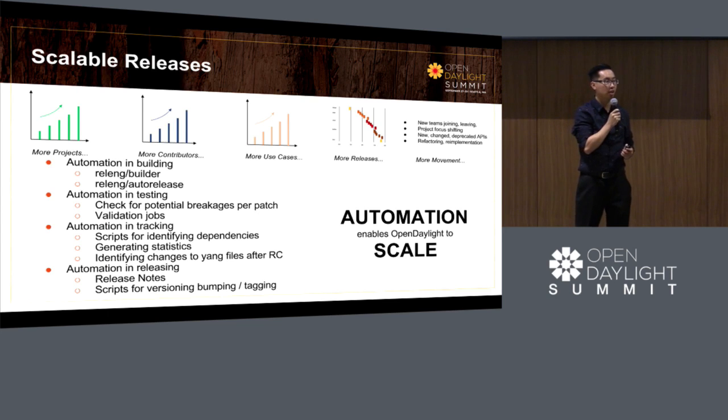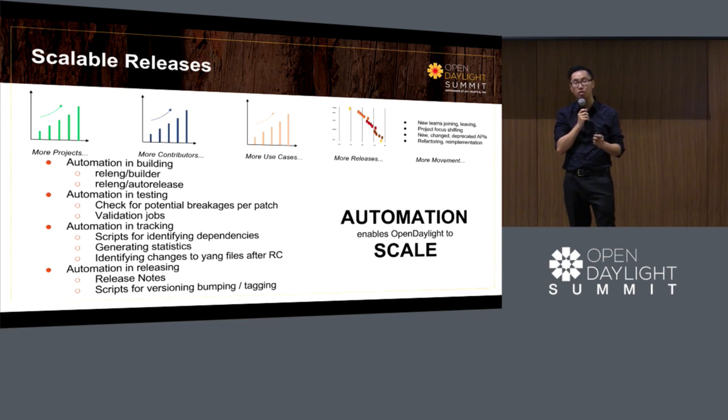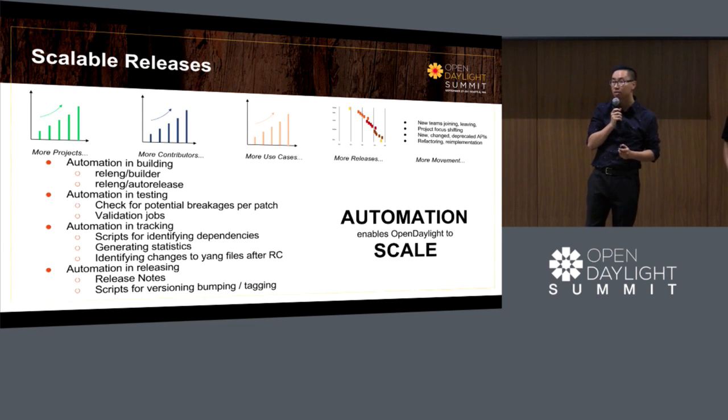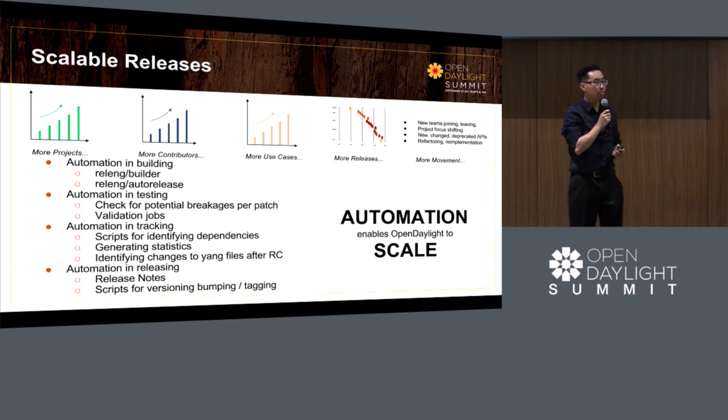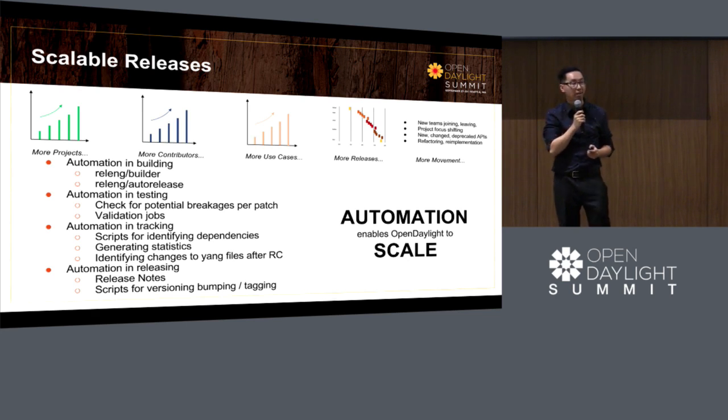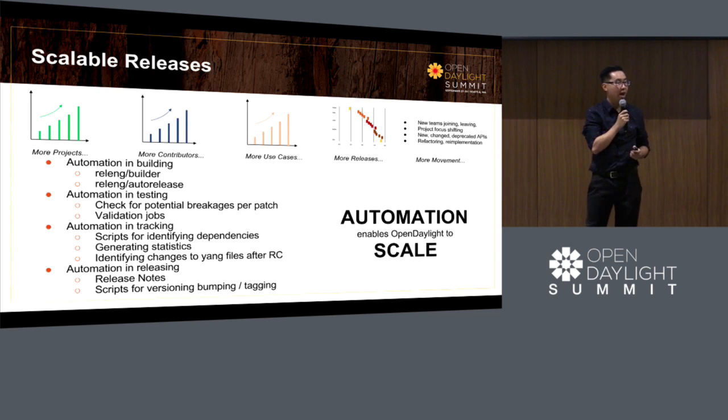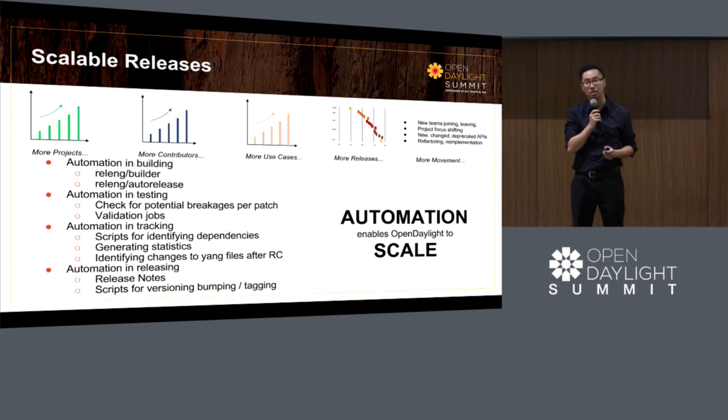We have automation in our tracking, such as automated scripts to identify dependencies, automated scripts to collect statistics, and automated scripts to help us identify any sort of changes to APIs or Yang files in Gerrit. We also have automation scripts in releasing, such as generating our release notes automatically and scripts to help us version bump and tag, which again, my colleague Tan will discuss later.